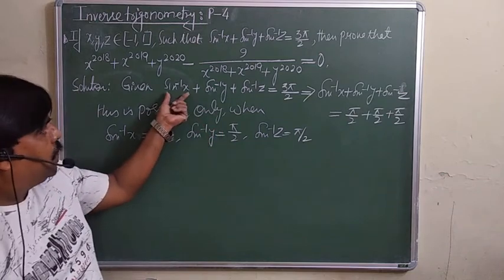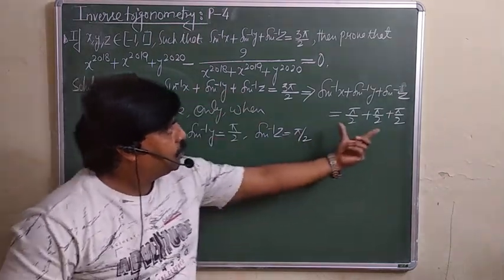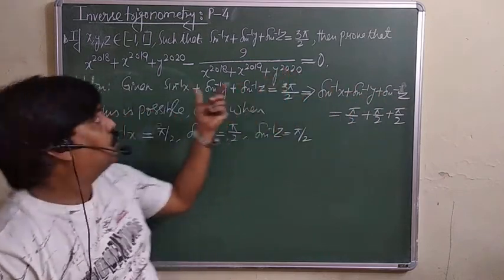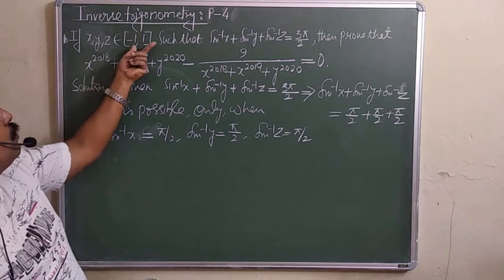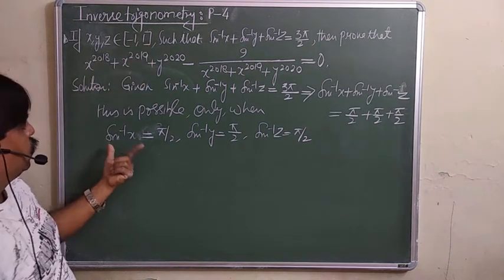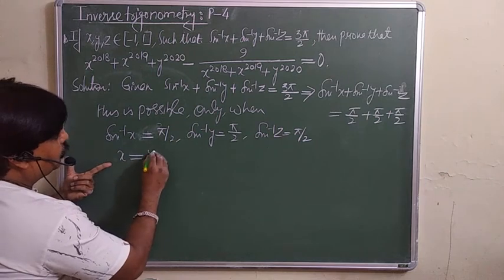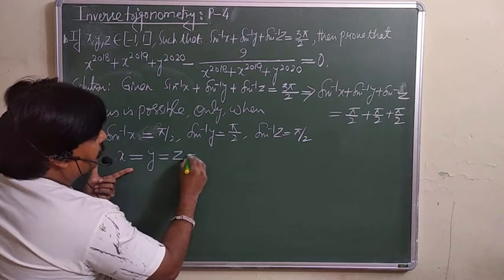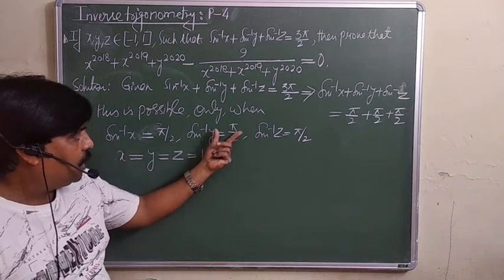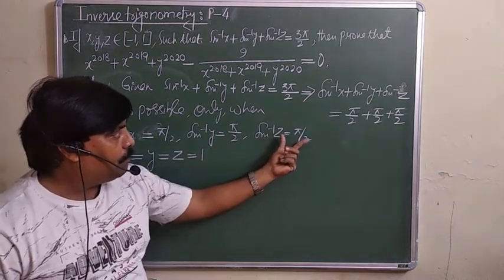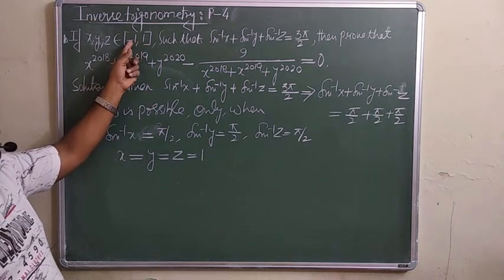Means if sin inverse x is pi by 2, this one is pi by 2, this one too, then this is possible, that is equal to 3 pi by 2, because x, y, z belongs to minus 1 to plus 1. So sin inverse x equal to pi by 2 means x is equal to y is equal to z is equal to 1, because x equal to sin pi by 2 is 1, y equal to sin pi by 2 is 1, z equal to sin pi by 2 is 1. You can take the values from minus 1 to plus 1.